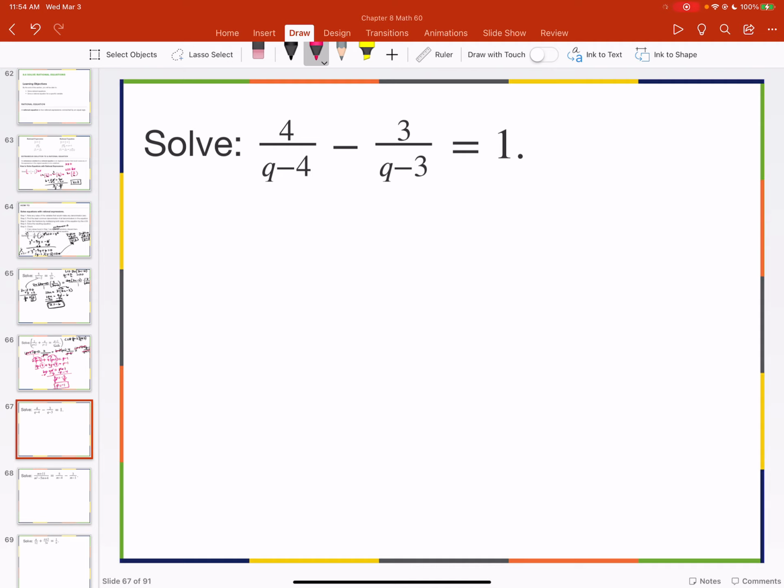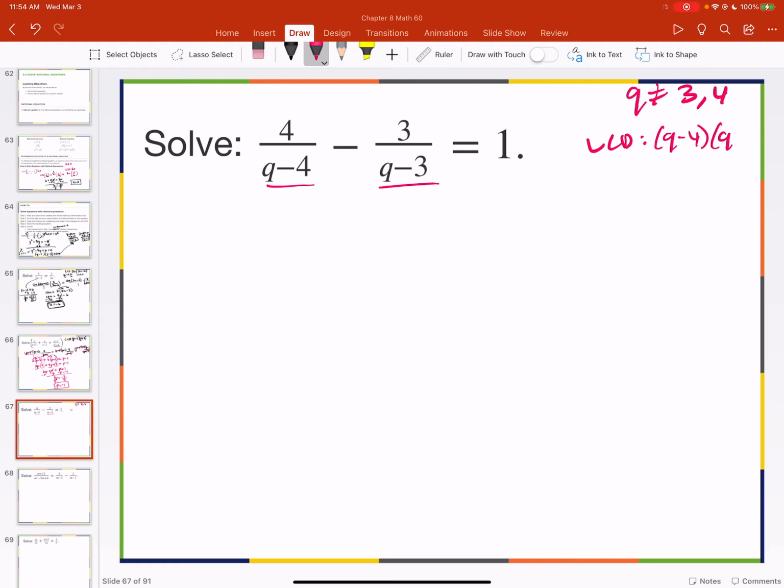How about this one? Q minus 4, Q minus 3. So right away, Q cannot be 3 or 4. The other one I didn't do, it was 2 or negative 2, sorry. So let's just keep that in mind. Our LCD is also Q minus 3 times Q minus 4.